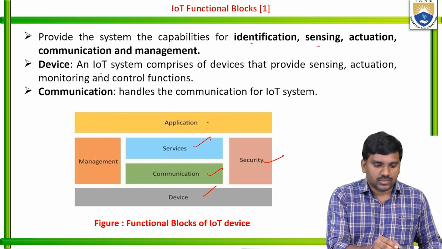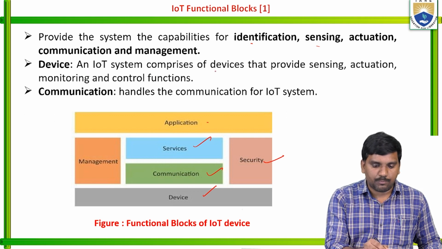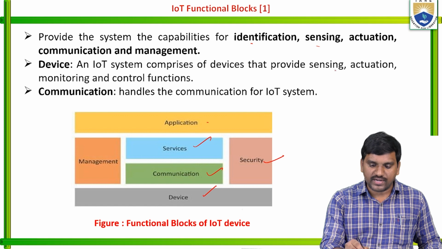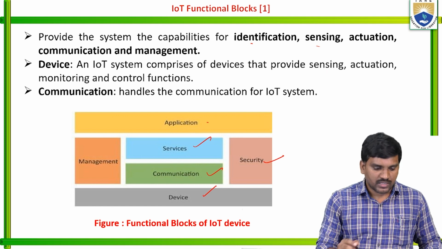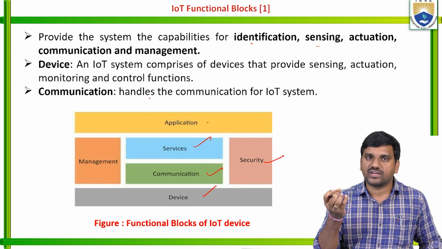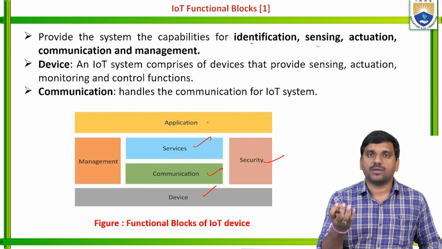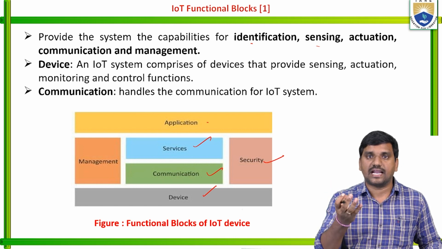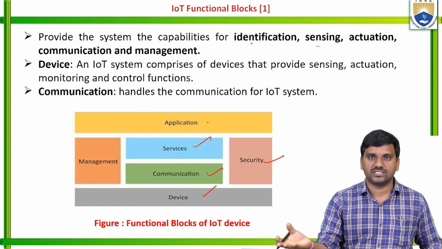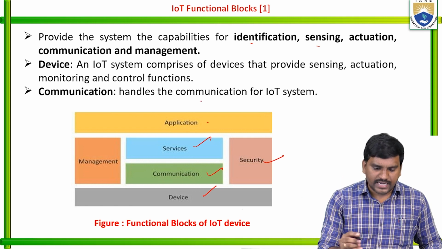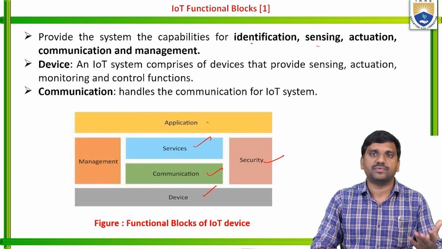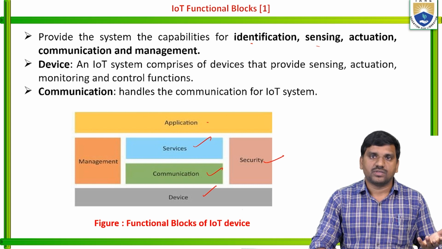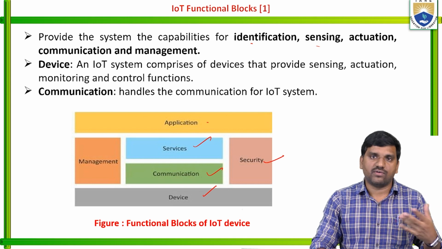Next, device. An IoT system comprises devices that provide sensing, actuation, monitoring, and control functions. Next, communication. Which type of communication does it provide to process the data from one device to another? It handles the communication for the IoT device by using different communication technologies, whatever is available in the market.